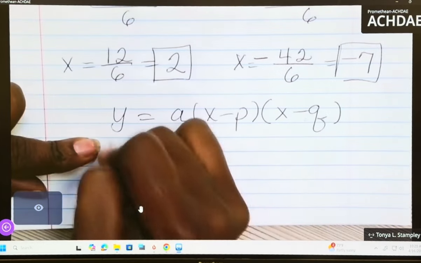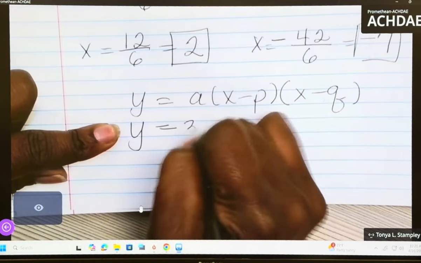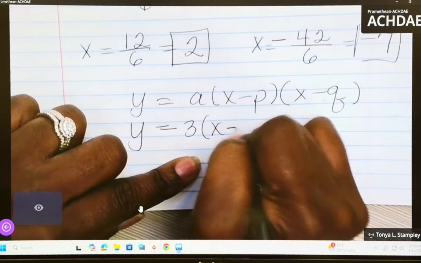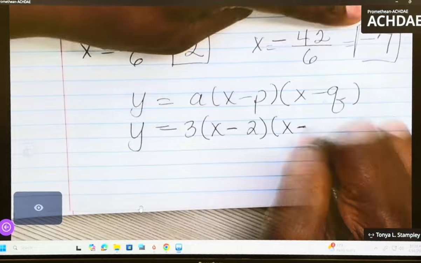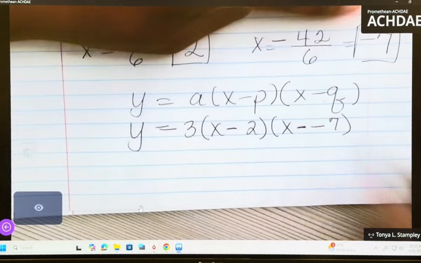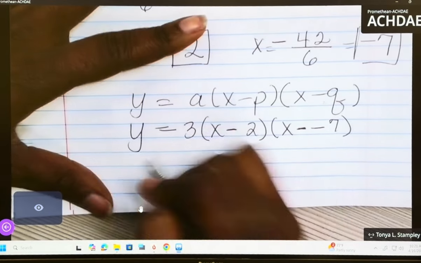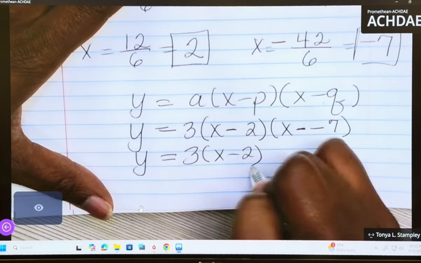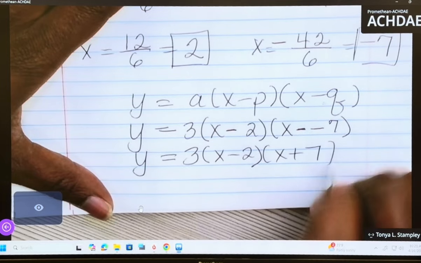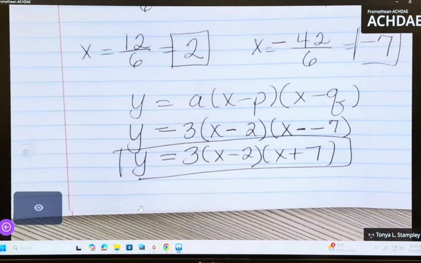So y equals, what is my a? 3 times x minus what? 2 times x minus what? Negative 7. But then we're going to clean it up. What happens to that double negative? So we got y equals 3 times x minus 2 times x plus 7. And that's it. We just wrote it in factored form.